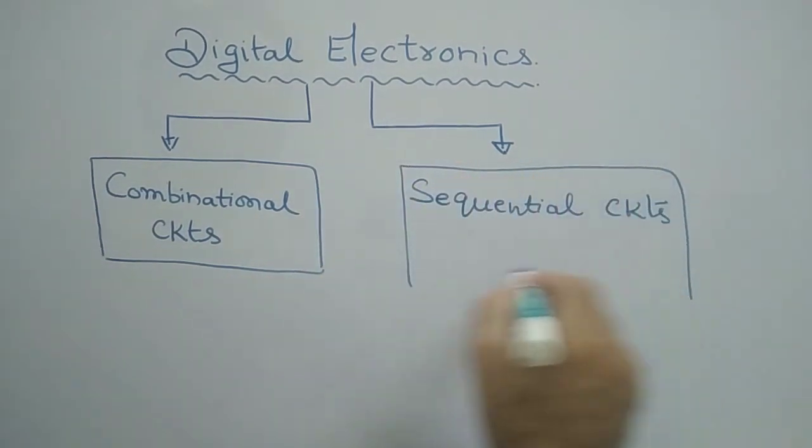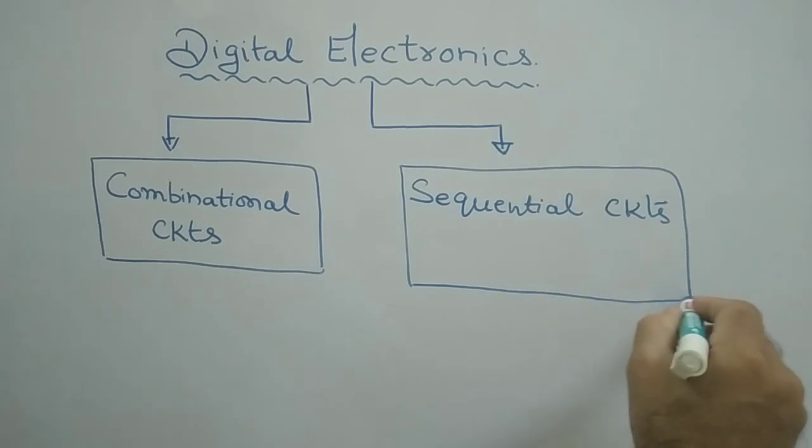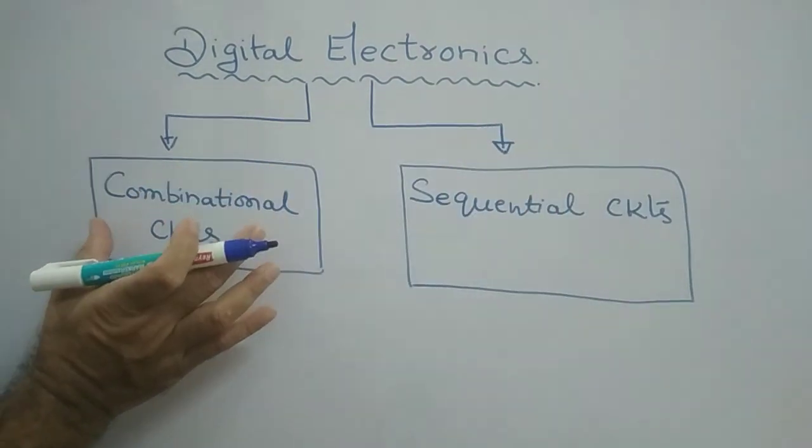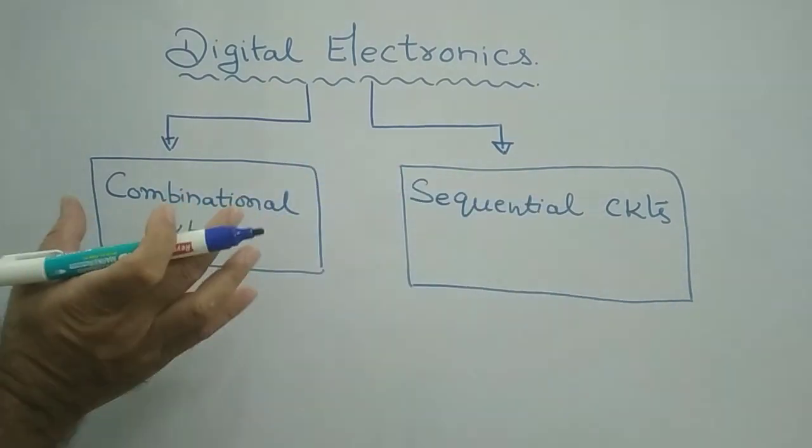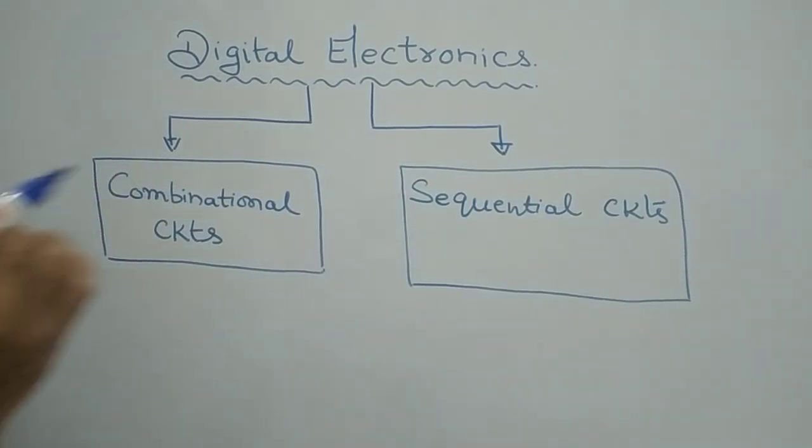What is the difference between these two? Or you can call them part 1 and part 2. So what is a combinational circuit? What is a sequential circuit?